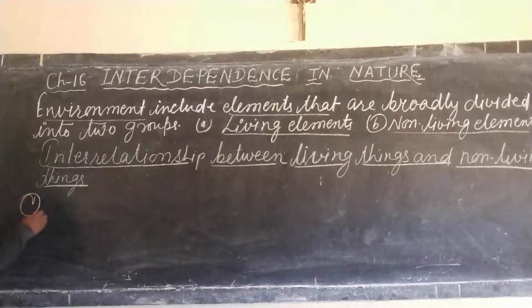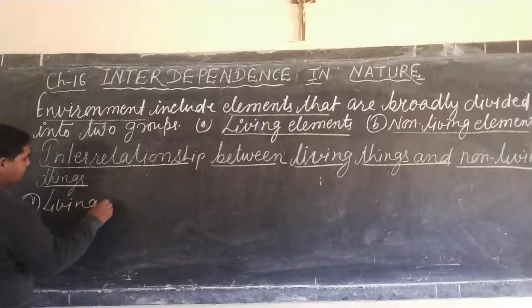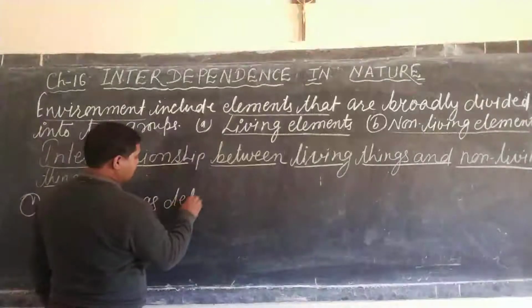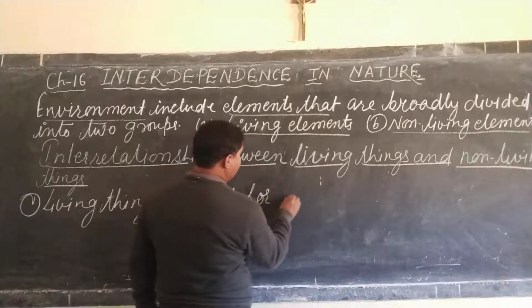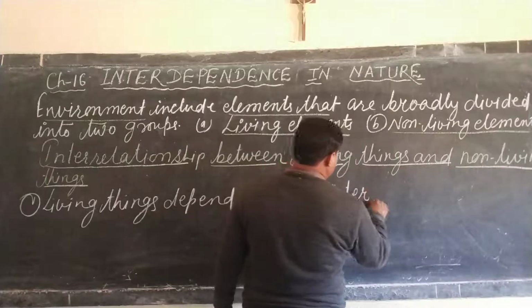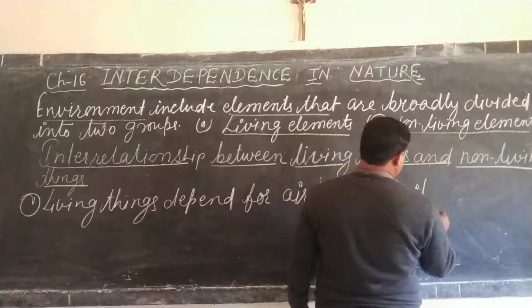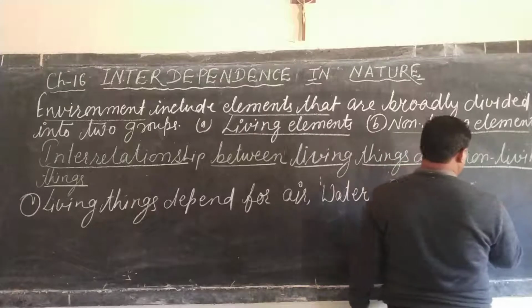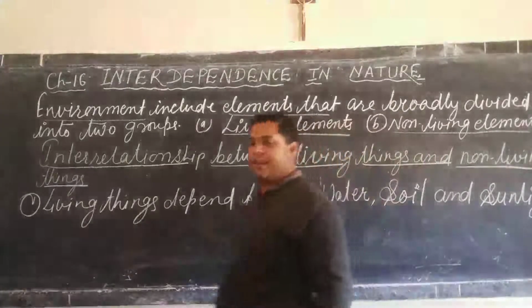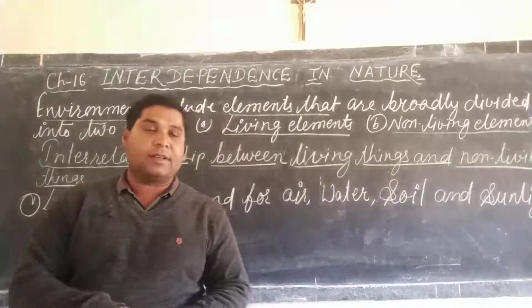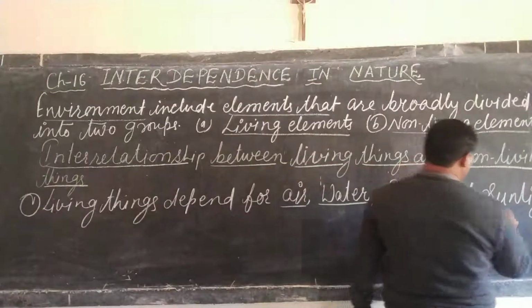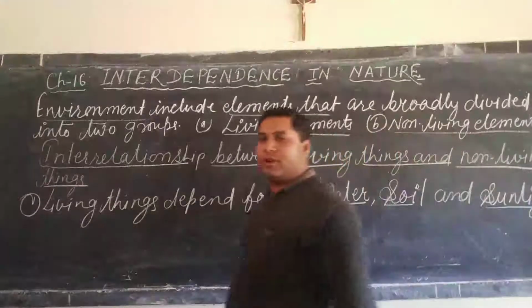First, living things, for their survival, require air, water, soil and sunlight. So let us know about it.